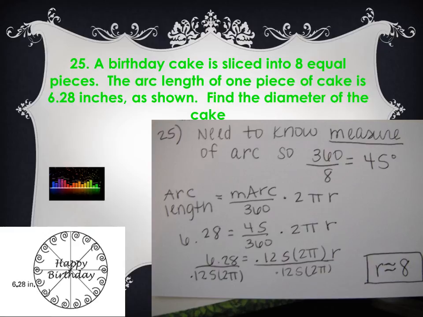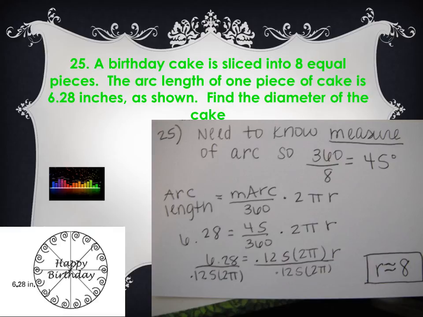An entire circle is 360 degrees, so we do 360 divided by 8, and we get one of the arc measures to be 45 degrees. Therefore, we now know the arc length, and we know the measure of the arc. We can fill those into our formula to find the radius.